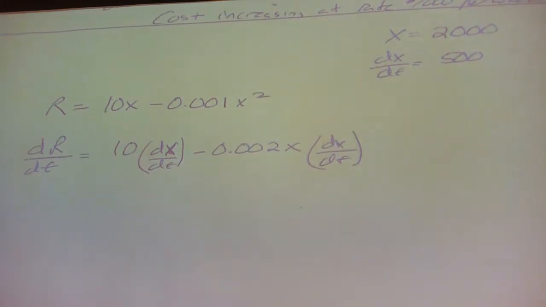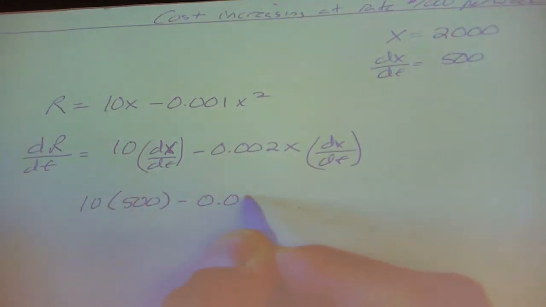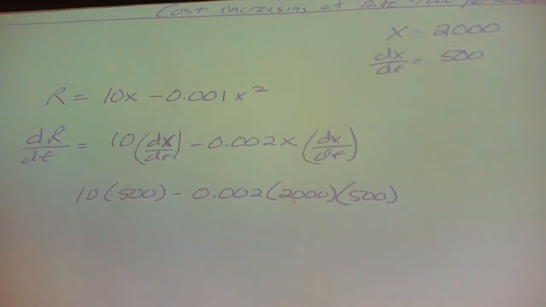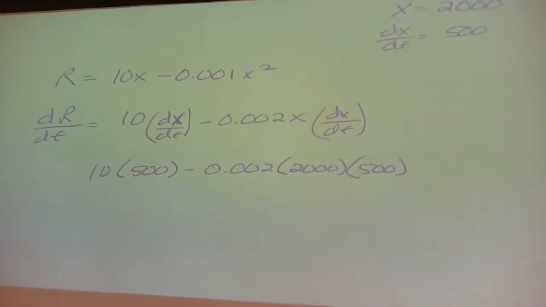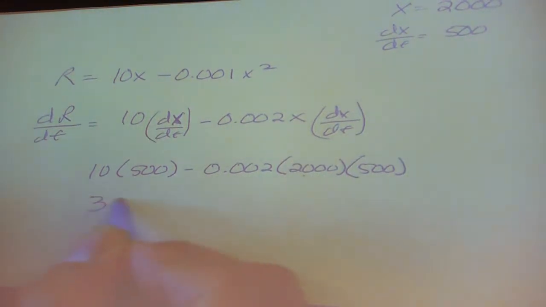Okay, so if I start plugging in, I have 10 times 500 minus 0.002 times 2,000 times 500. Questions there? Plugging everything in. We have our setup, and what do we end up getting? $3,000.